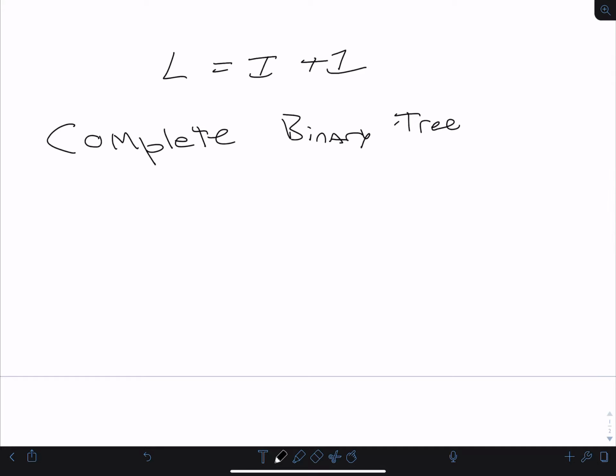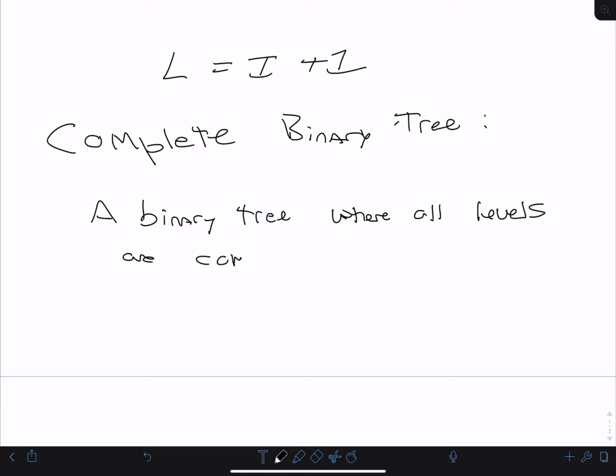Anyways, complete binary tree. What's a complete binary tree? Well, I'm just going to write it. It's a binary tree where all levels are completely filled, except possibly, a lot of adjectives here, the last level.